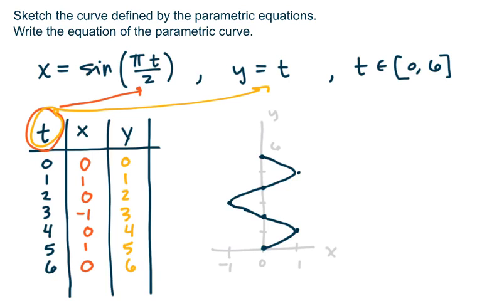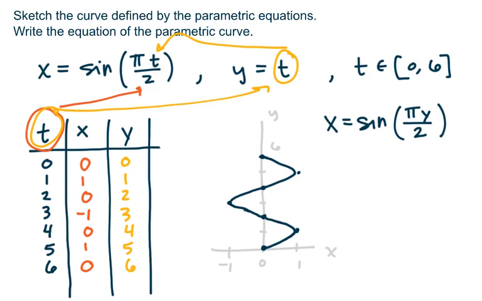So if we looked at trying to write these two parametric equations, taking them together and writing them as a parametric curve, well, that would be eliminating that parameter t. I could do that pretty easily. Since t is equal to y, I can plug y right in for t, and that would give me x equals the sine of pi times y over 2.